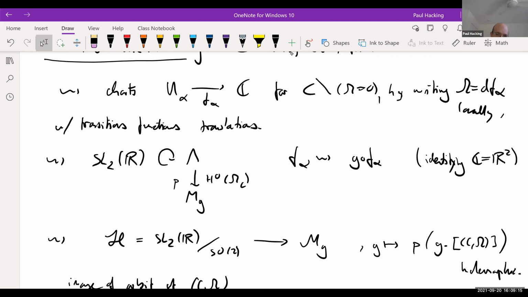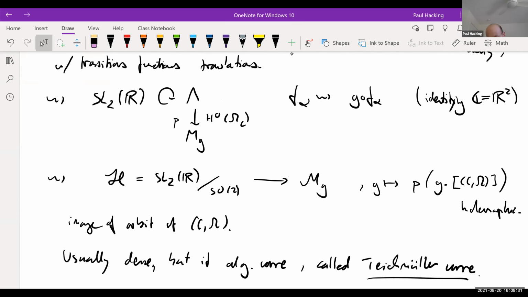I mean, it just rotates the holomorphic form, it doesn't change the curve C. So you get a map from the quotient SL2R mod SO2, or what's the same, the upper half plane, to M_g, and that's a holomorphic map. So that is the image of an orbit of a curve together with a one form under this SL2R action. Now, the bad news is this is usually dense in M_g, it's holomorphic but not algebraic.